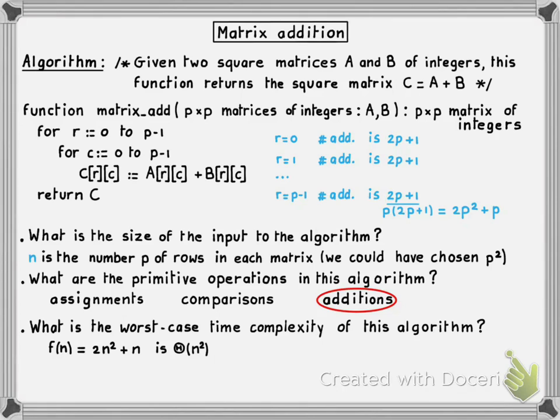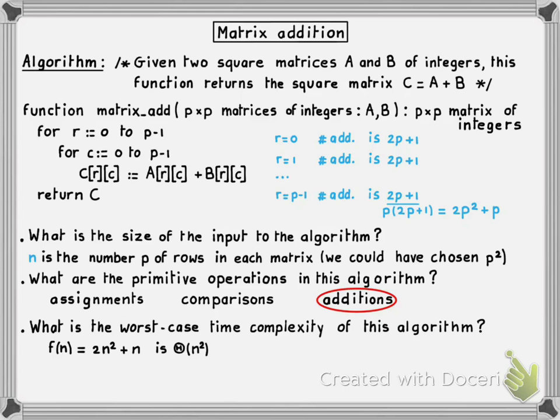The last observation about this algorithm is that when we studied its time complexity, we never made any distinction between a worst case or a best case, because notice these nested loops always have to be executed completely. There's no way of short-circuiting or exiting the loop earlier than when they are completed.